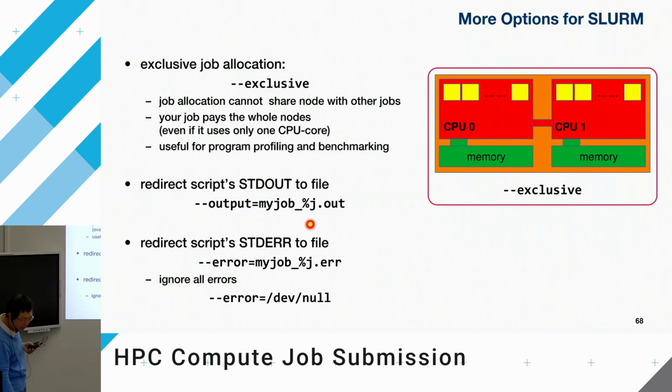Also you can redirect the standard error to a file so that later on you may look at whether there are any errors in the calculation. And if you are sure that there's no error in your calculation and you don't want to be bothered by those error files, you can send them to /dev/null, the so-called black hole of Linux.